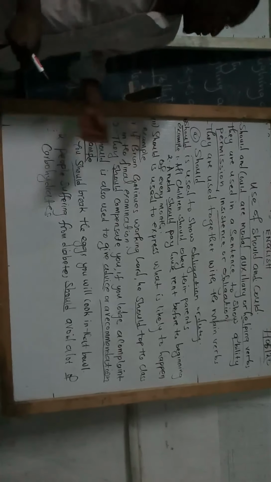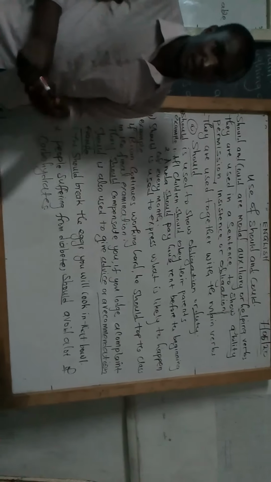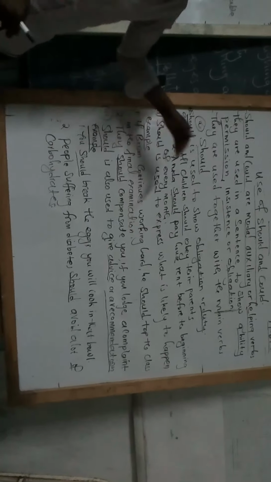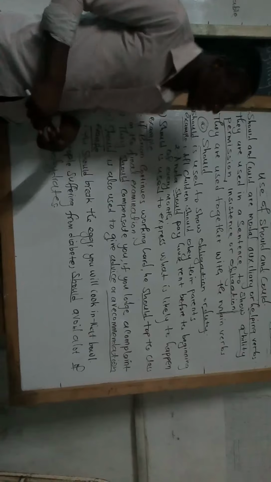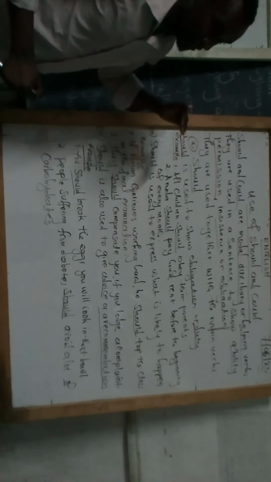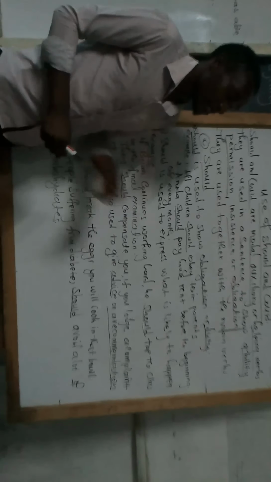If you are asking or seeking permission, you're supposed to use either should or could. Number 3, insistence or obligation. They can't be used alone. They have to be used together with the main verb in a sentence to make a good grammatical sentence.